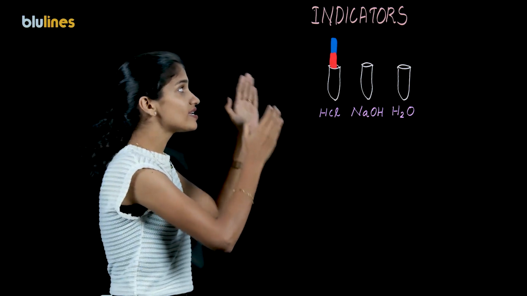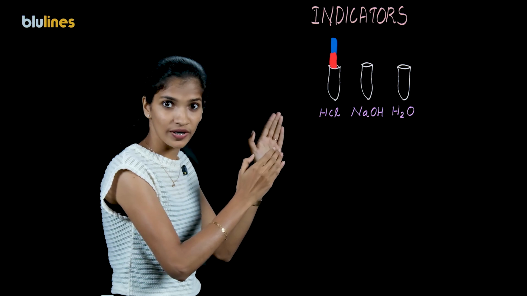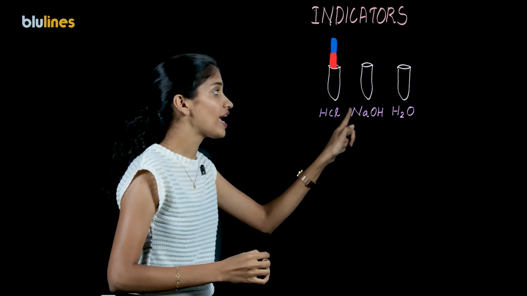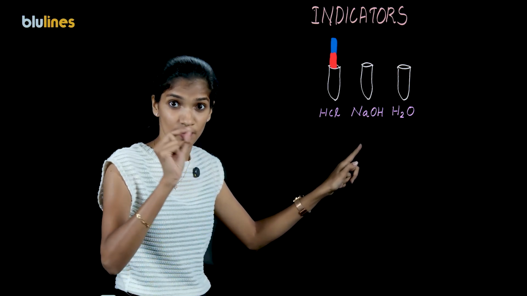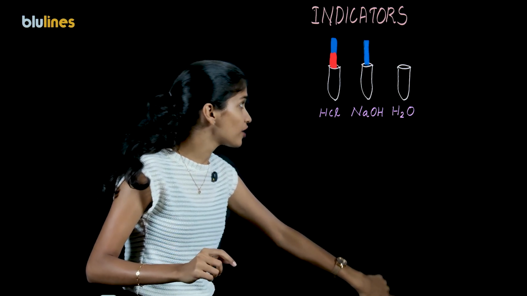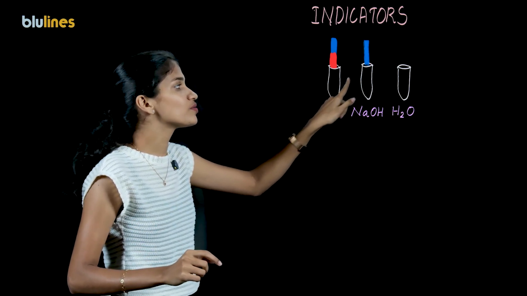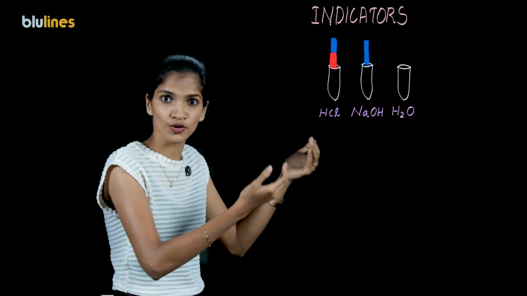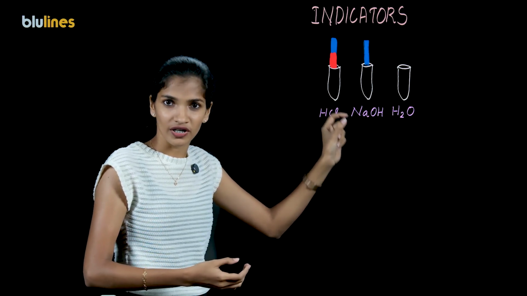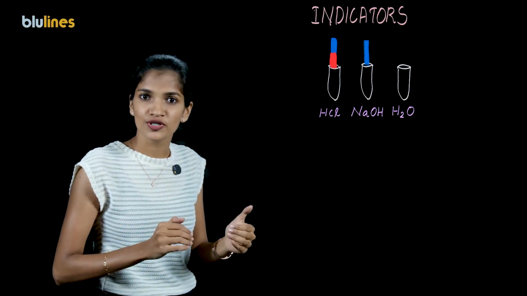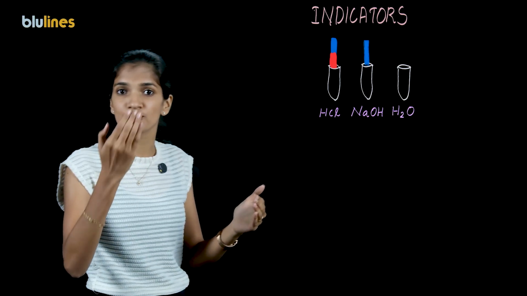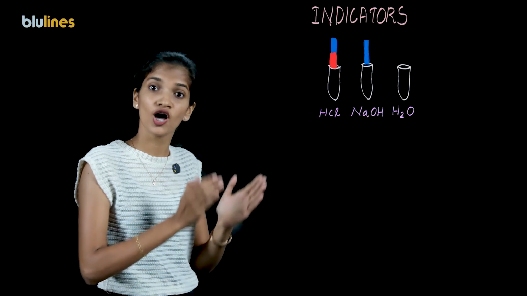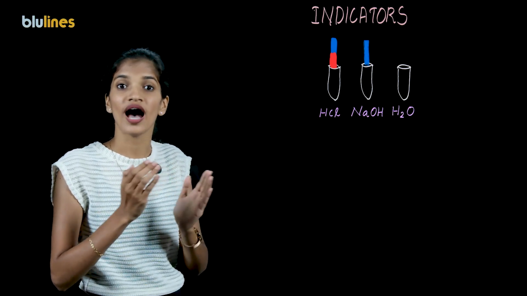And I take this red colored litmus paper and I put it in the NaOH solution, which is a base, sodium hydroxide. When I place that red colored litmus paper in NaOH solution, that red color changed to blue color. Because in a basic solution, red colored litmus paper turns to blue, and in an acidic solution, blue colored litmus paper turns to red.